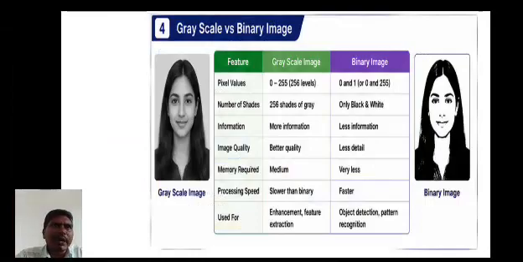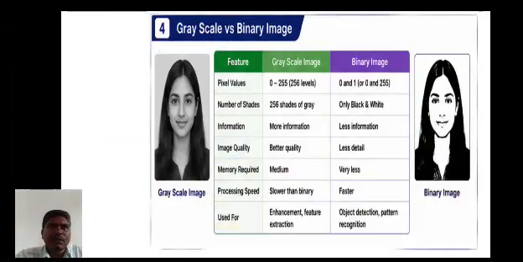But in the case of a binary image, it contains only two levels, either black or white. Since grayscale images preserve different brightness levels, they contain more visual information and provide better image quality. But a binary image removes unnecessary information, making it much simpler and faster to process.